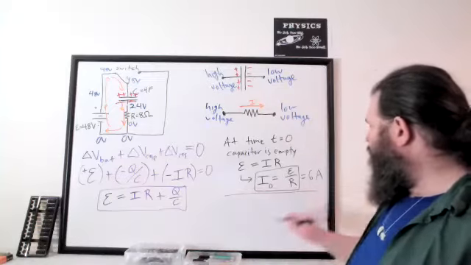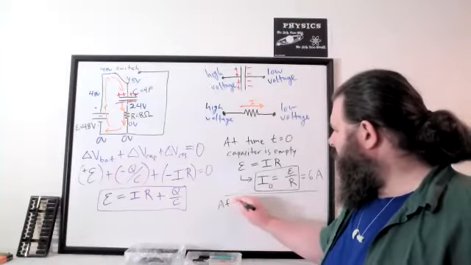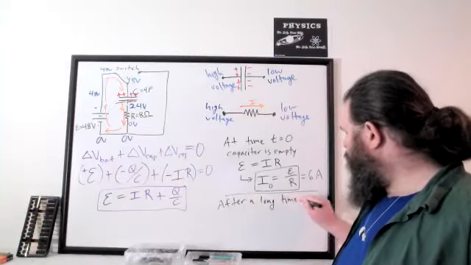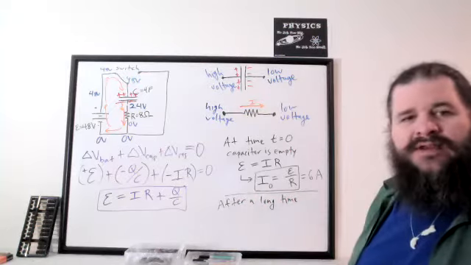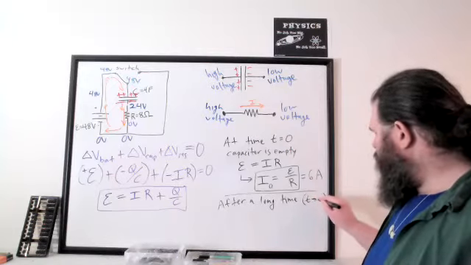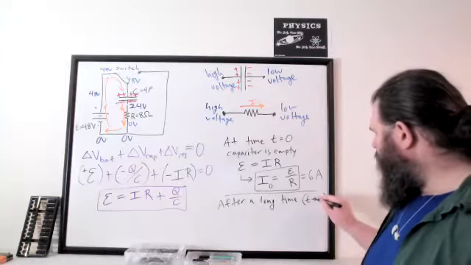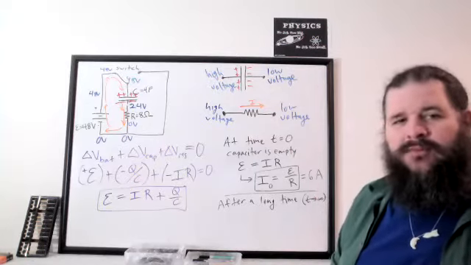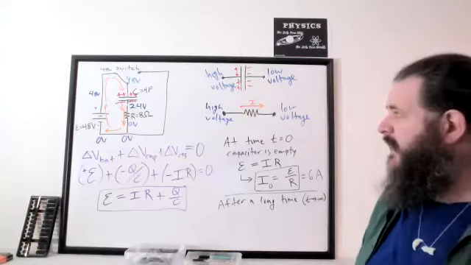In fact, if we take a look at that, if we say after a long time, and formally that means we're taking the limit as t goes to infinity. But in practice, we really can just consider this as after a few seconds or after a few minutes. These processes tend to happen very fast.